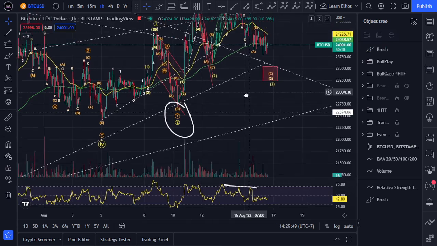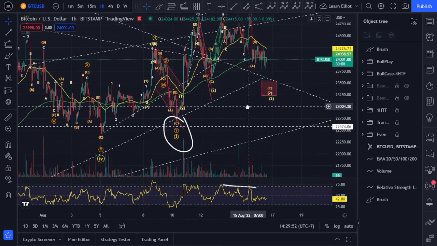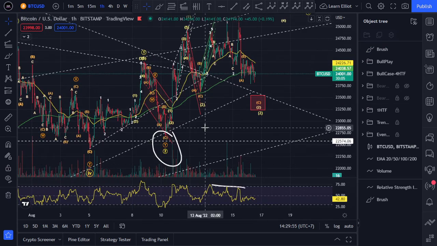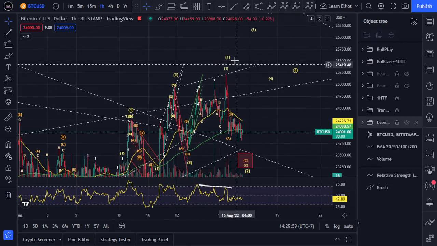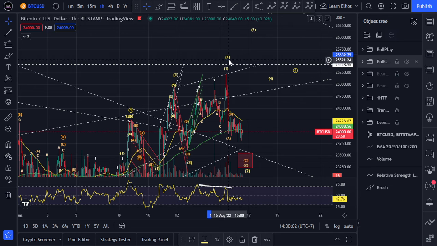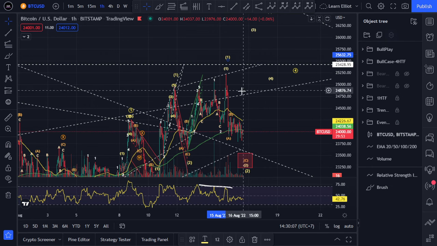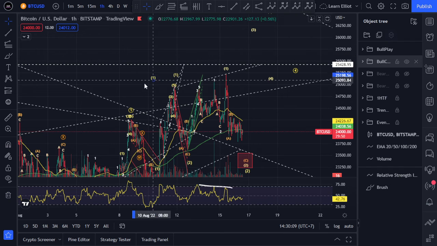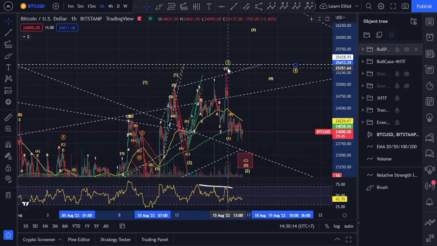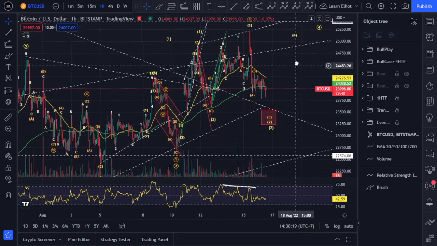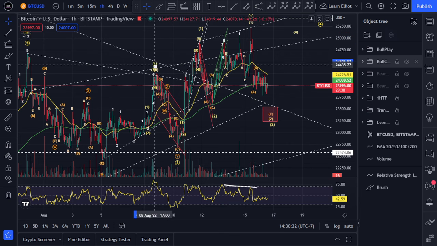So nothing has changed from this setup that I drew here. We are still aiming for the next higher. I'm just going to assume that this is the 1-2 setup here. The first micro wave will be forming right here. So this is the first micro wave, and we have a 1-2 setup inside the first micro wave.